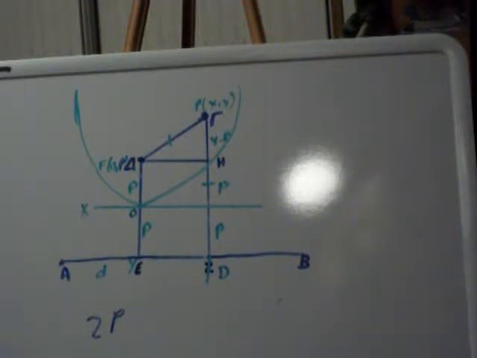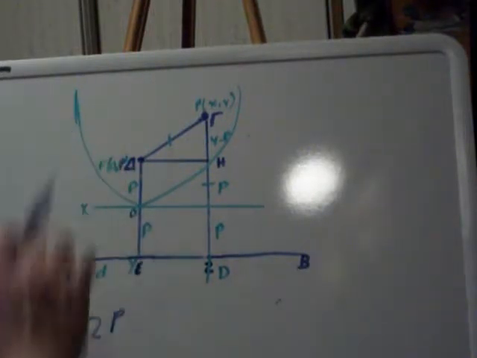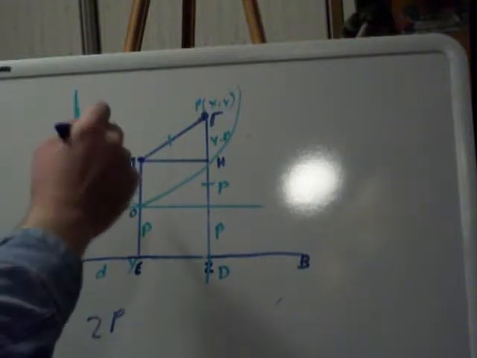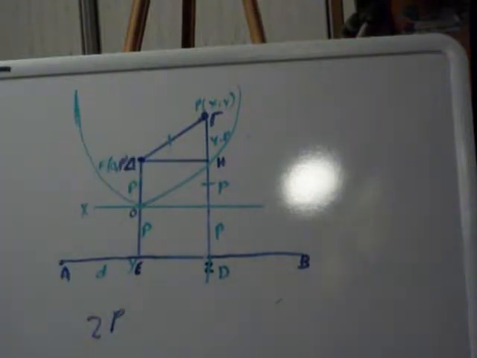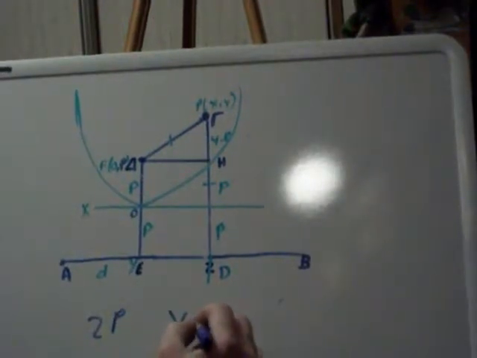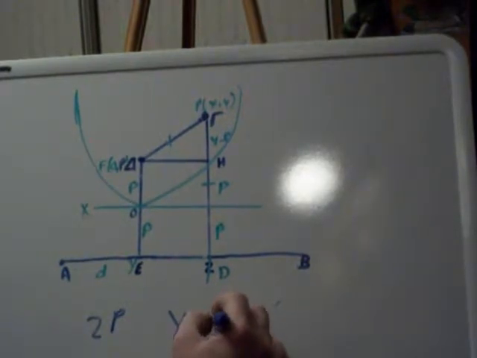The coordinates of the fixed point is 0 and lowercase p, and the equation of the directrix will become y equals negative p.